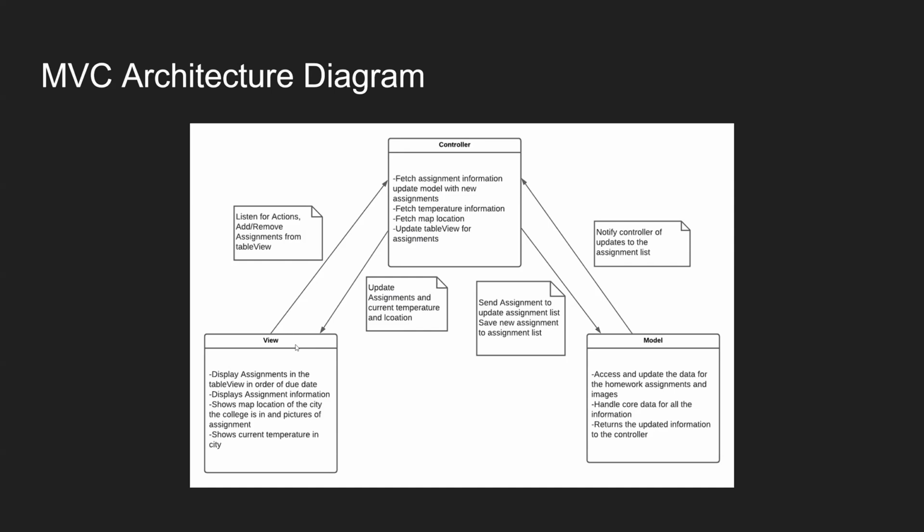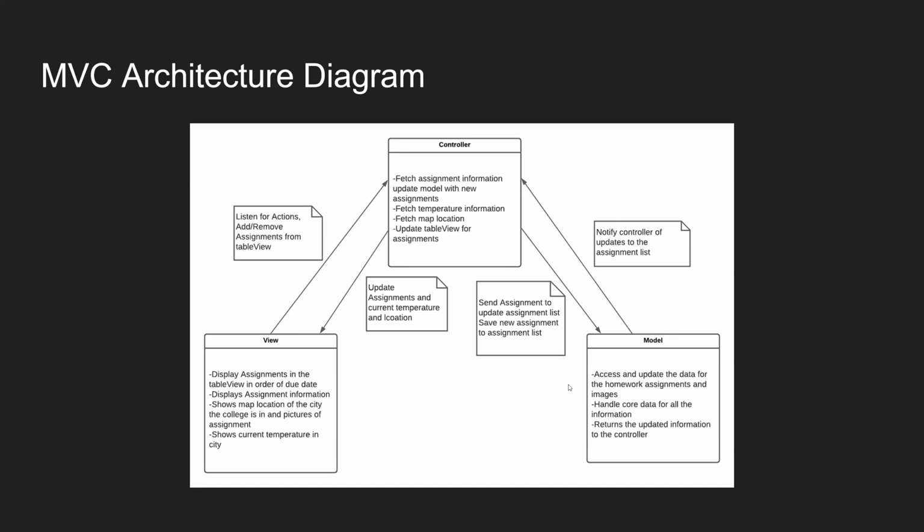And then when the view talks back to the controller, it listens for actions such as add and remove, removing assignments from the table view. When the controller communicates with the model, it's sending assignments to update the assignment list and also to save a new assignment to the assignment list itself.